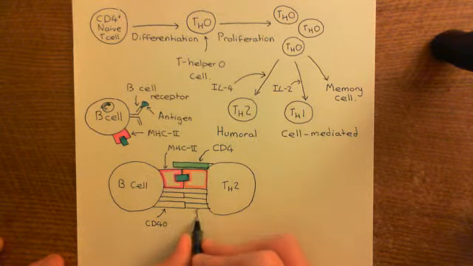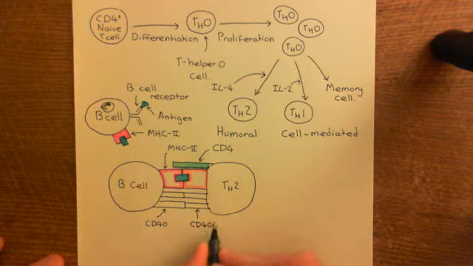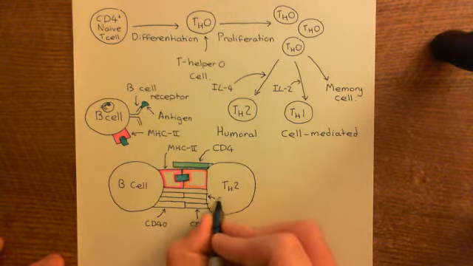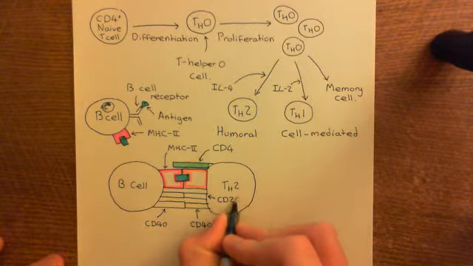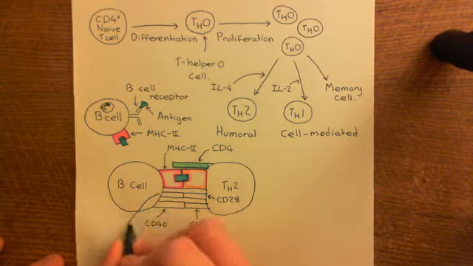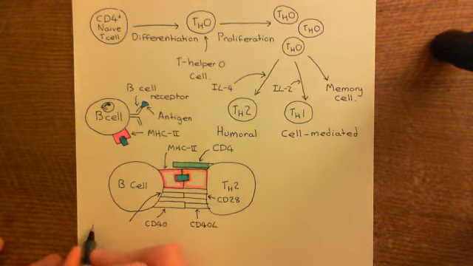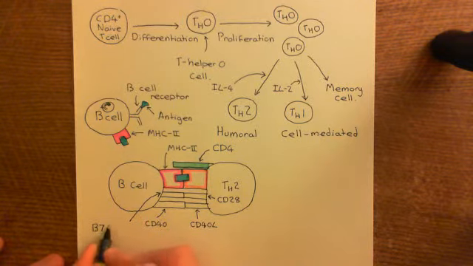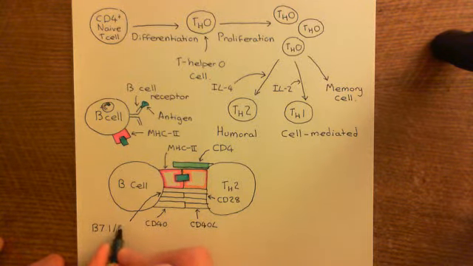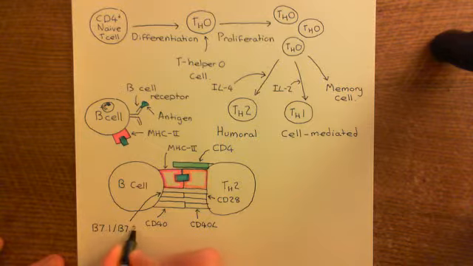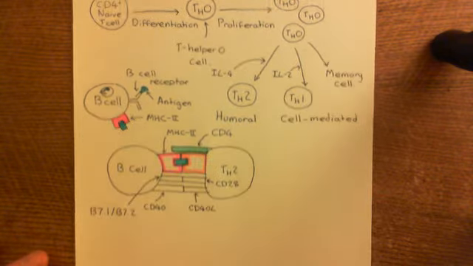So this is CD40 ligand, which binds to CD40, and this is CD28, which binds to either B7.1 or B7.2, which is on the surface of the B cell, and has been expressed there since the B cell had its pattern recognition receptors activated by the presence of the PAMPs.